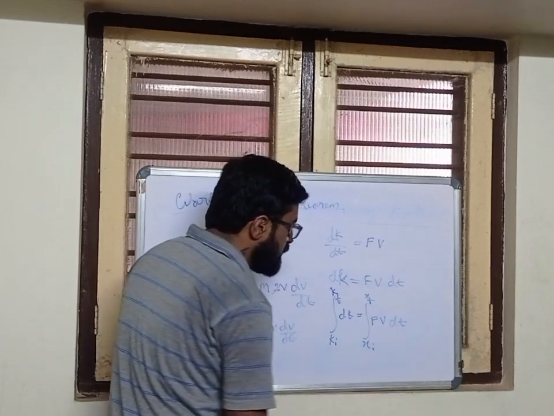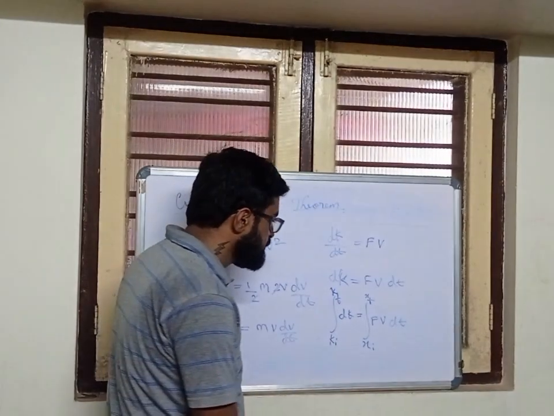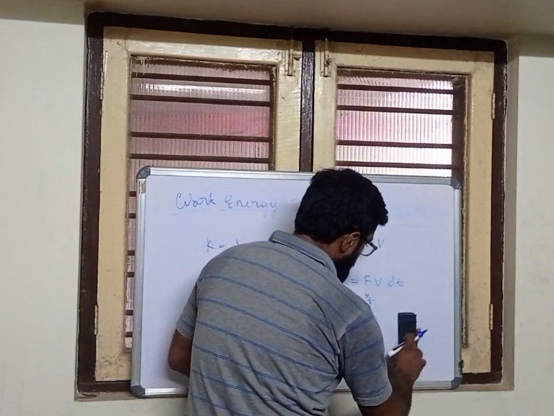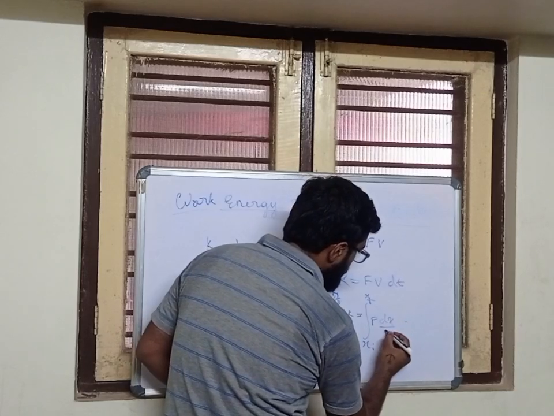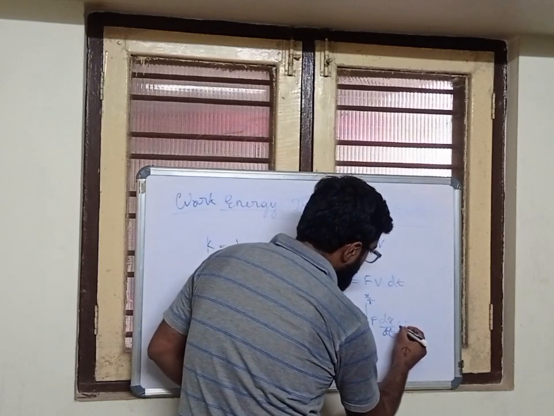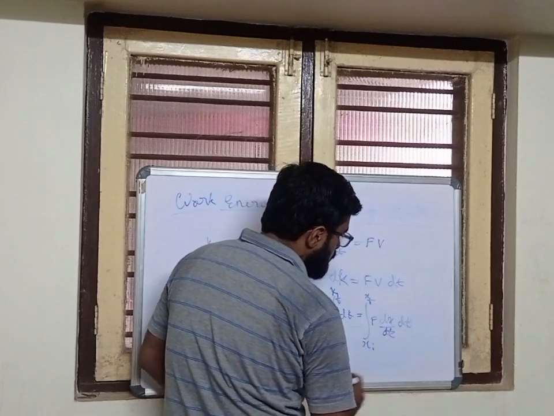What is v here? v is dx by dt here, into dt. This dt will get cancelled.